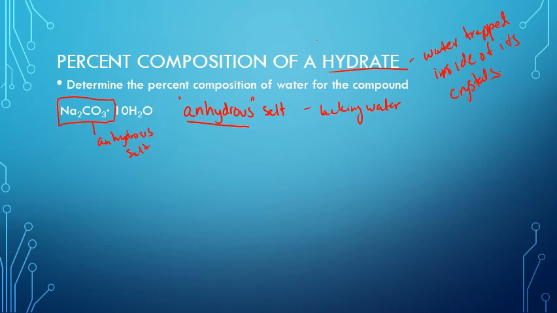So for this type of problem, it follows the same exact concept. We need to determine the molar mass of the compound. So the molar mass for Na2CO3·10H2O is 286.19 grams per mole.